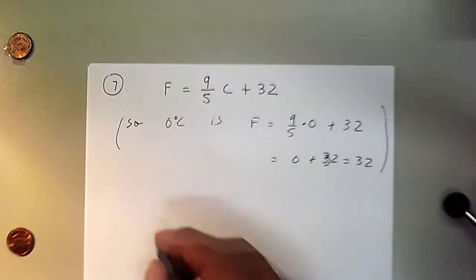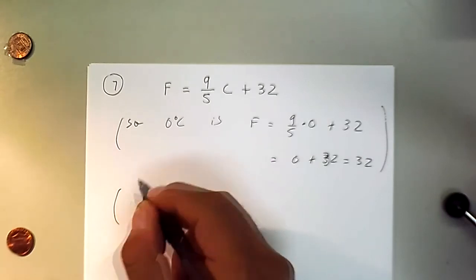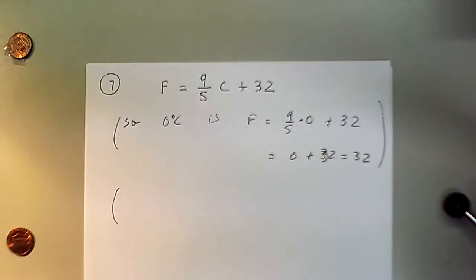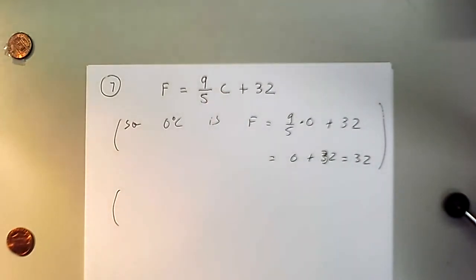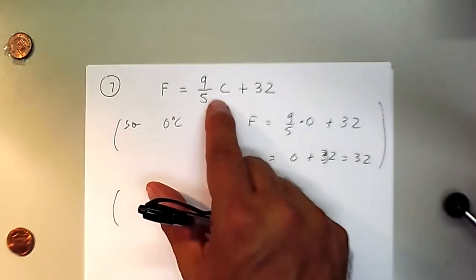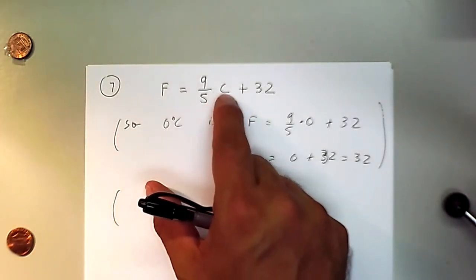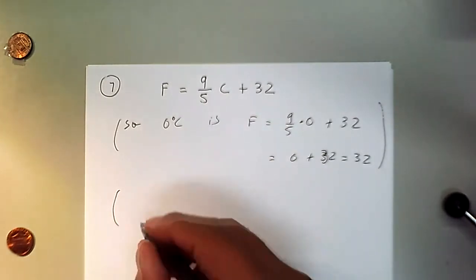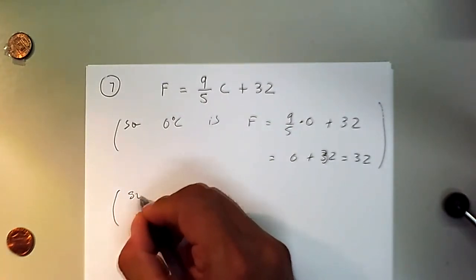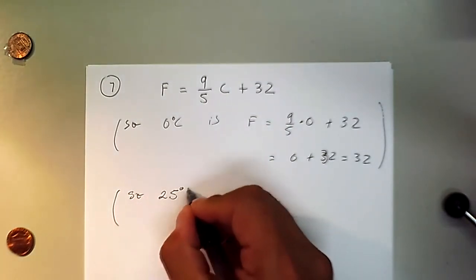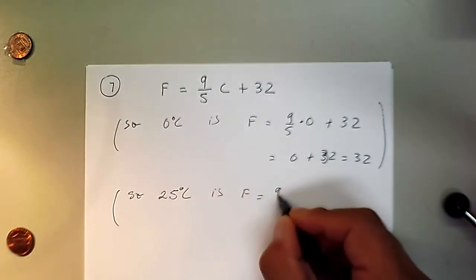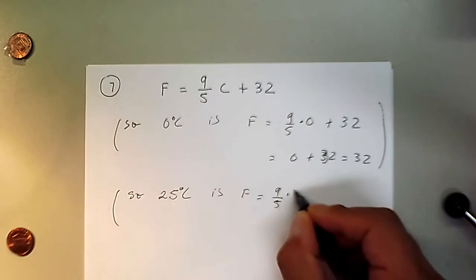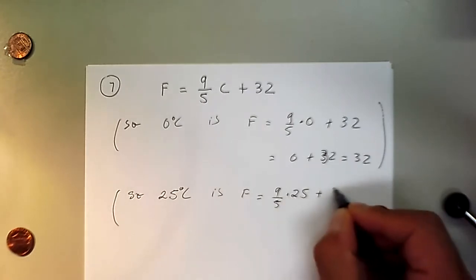Some people claim that about 24 degrees Celsius is perfect for humans. But I'm going to turn that into an easy problem for me. I'm going to change that into 25, even though 24 is what they say. So 25 degrees Celsius is, well, I'm curious. 9/5 of 25 plus 32.